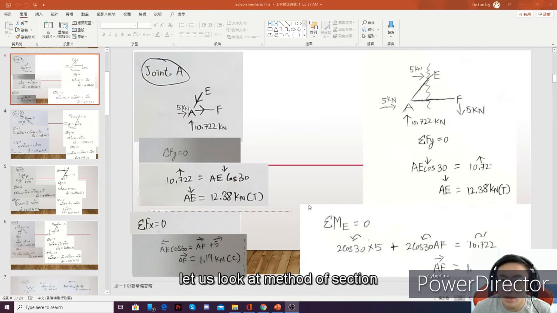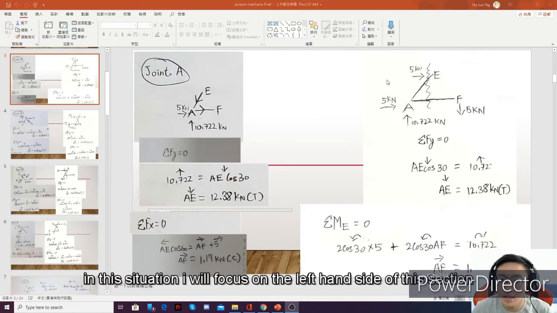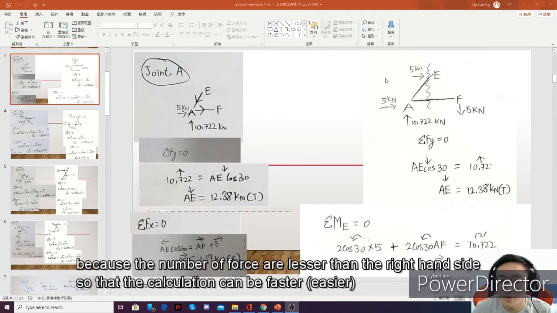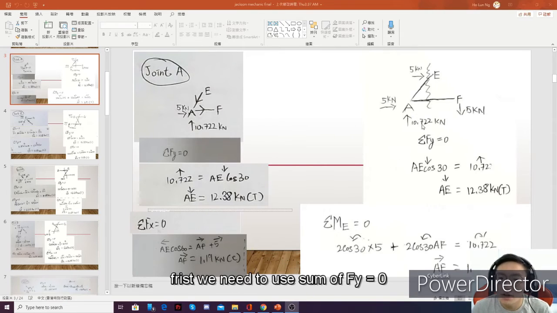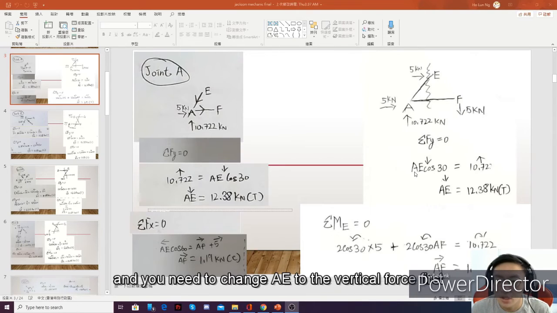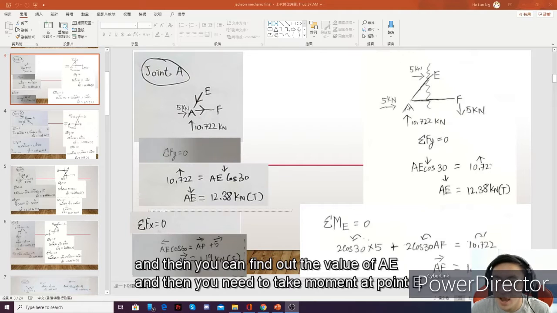Okay, let us look at method of sections. In this situation, I will focus on the left hand side of the section because the number of forces is fewer than the right hand side, so the calculation will be faster. First, we need to use sum of Fy equals 0, and you need to change AE to the vertical force first, and then you can find out the value of AE.